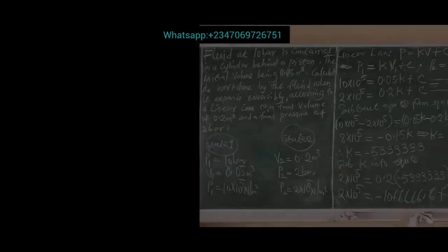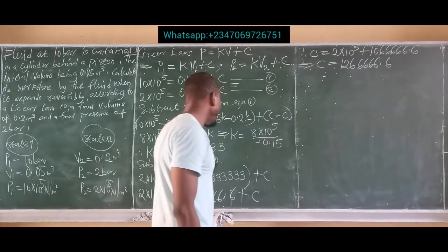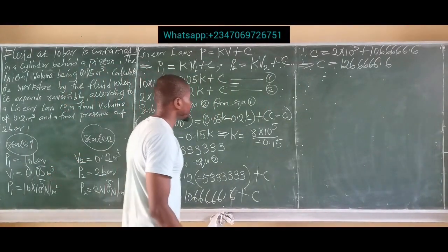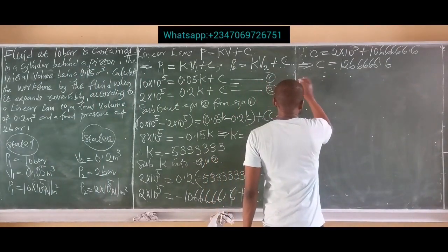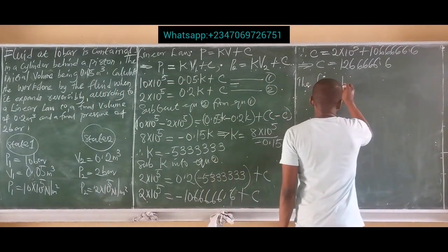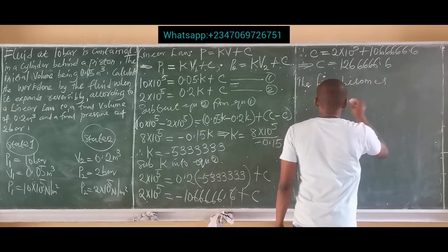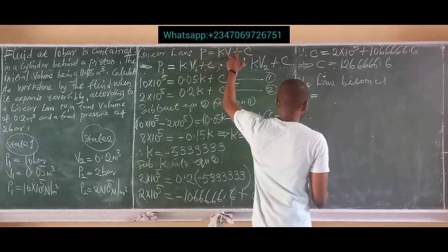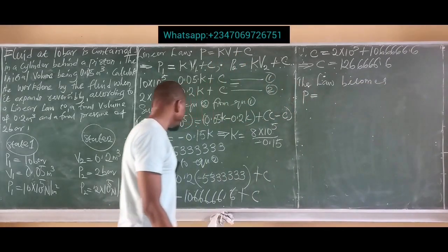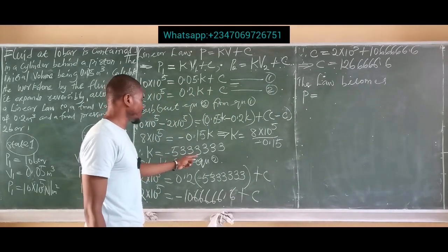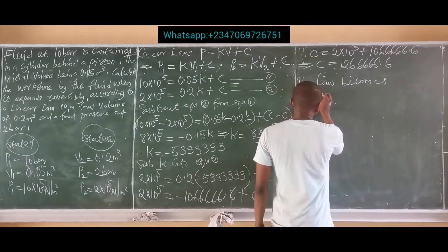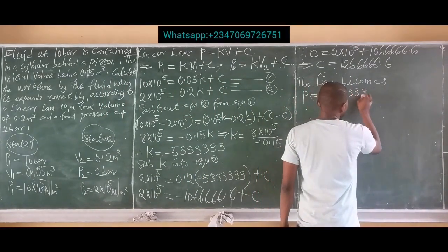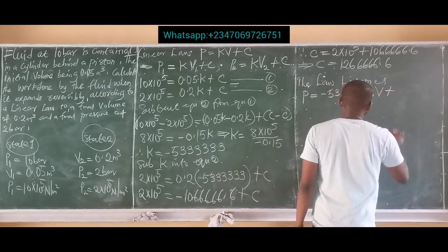So that's it. Now we have the values of k and c. We can plug them back into the law. The law becomes P equals, remember we said kV plus c, and we know the value of k. k is equal to minus 5,333,333. So we put it down: minus 5,333,333 V plus c.